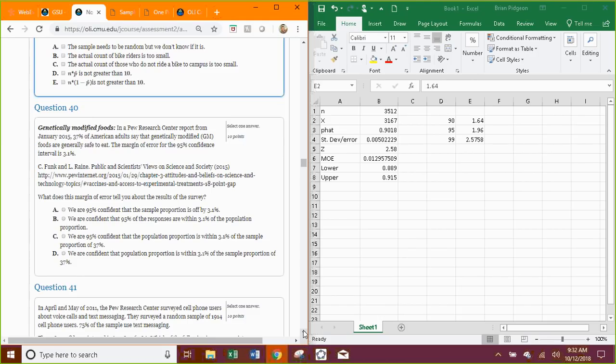We are confident that 95% of the responses are within 3.1 of the population proportion. We are 95% confident that the population proportion is within 3.1% of the sample proportion. That's how we calculate the confidence intervals. We take our sample proportion, add and subtract the margin of error.